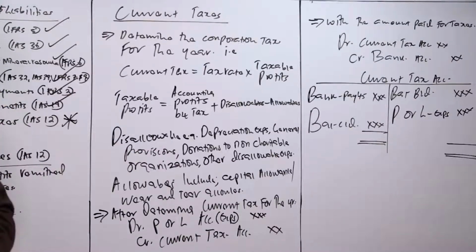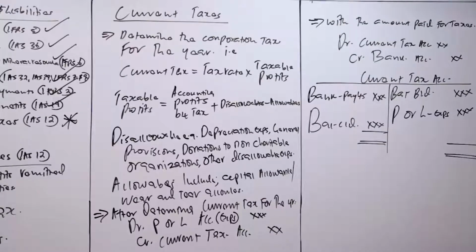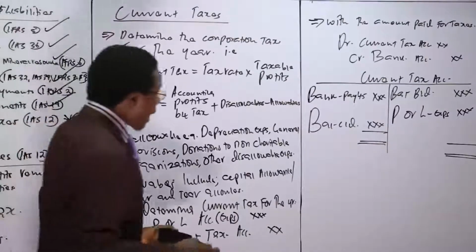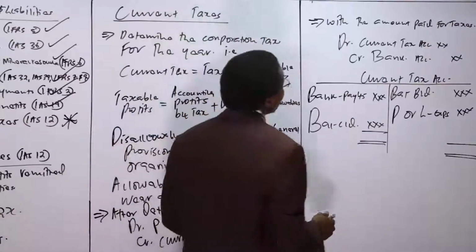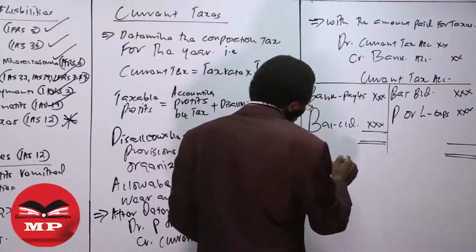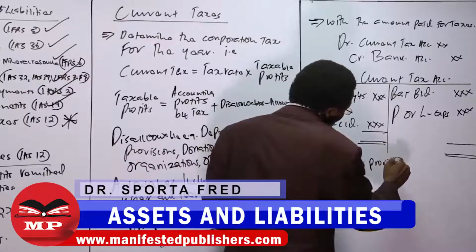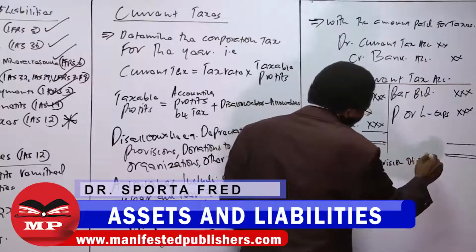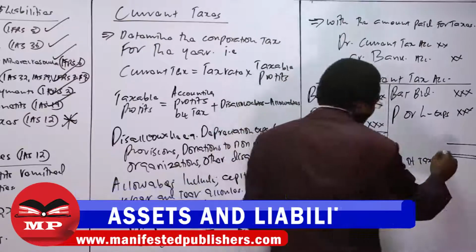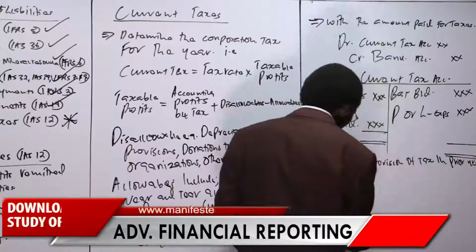Now remember, friends, we have just summarized how to deal with the current tax. The other most important item that comes in again here is about the over or under provision of tax in prior years.